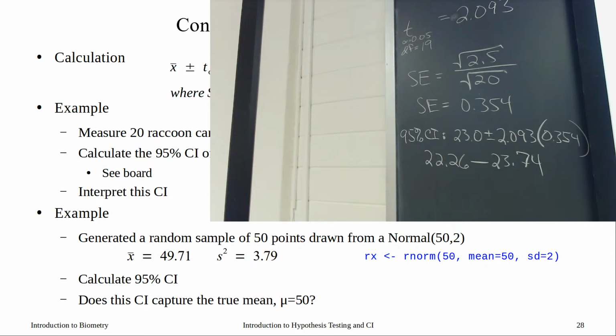I'm going to get this going on my side. And it's 50 data points. So 50, that's what we're going to do, 50 data points.